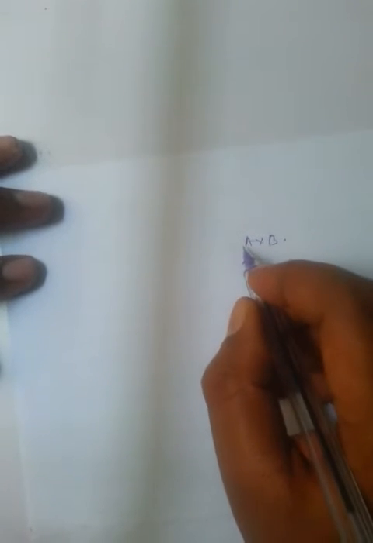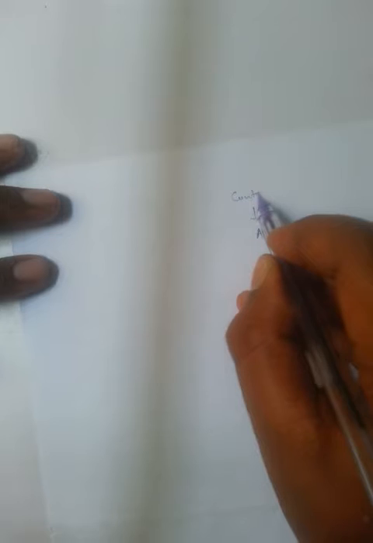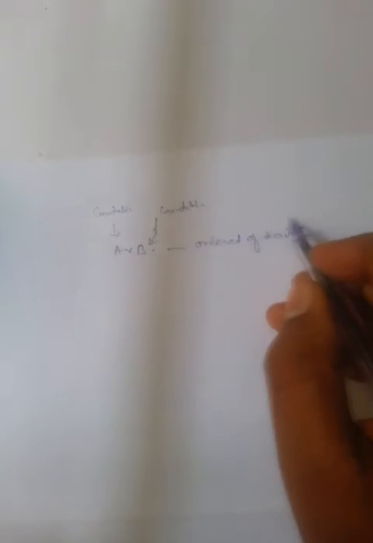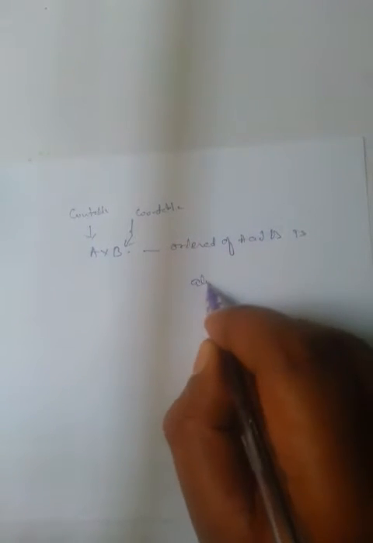All right, so this is pretty much the concept of it. Now considering another theorem: if I take the ordered pairs, for example A cross B, and specifically if A is countable and B is also countable, we conclude that the ordered pair of A and B is also countable.